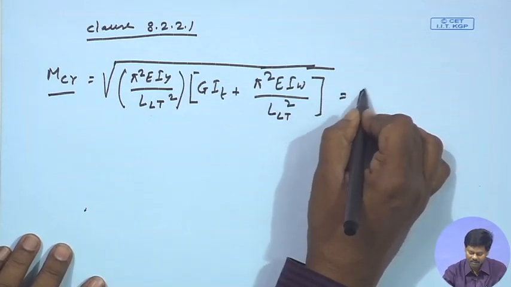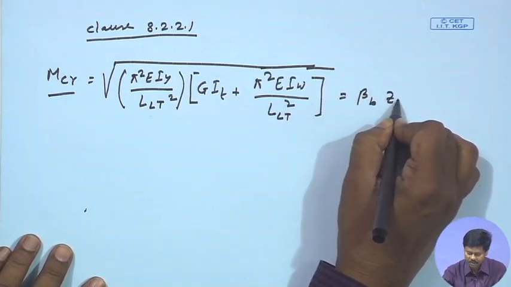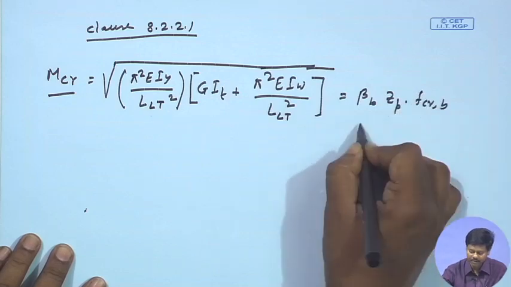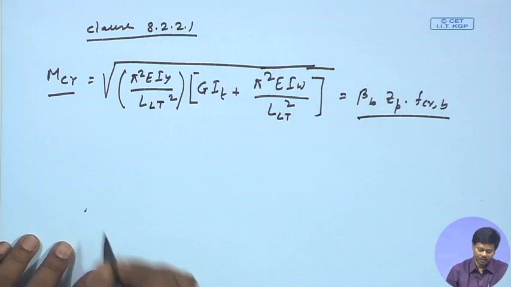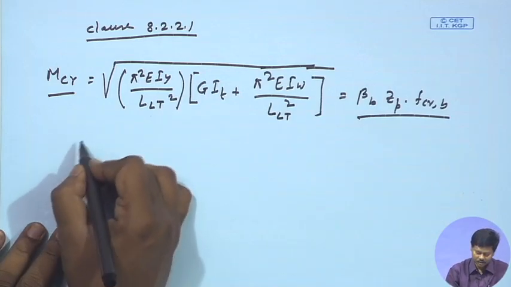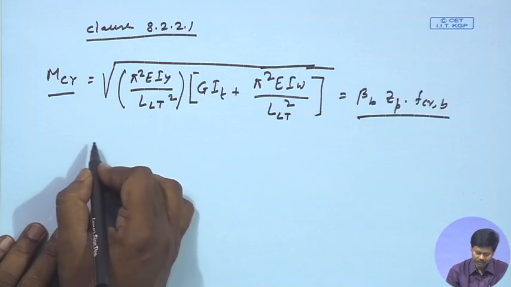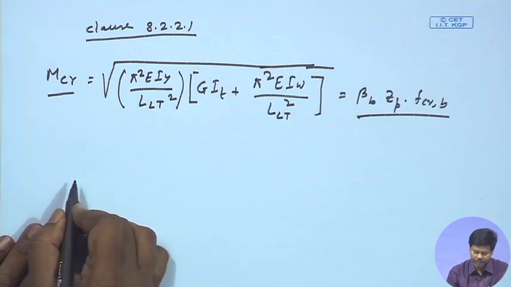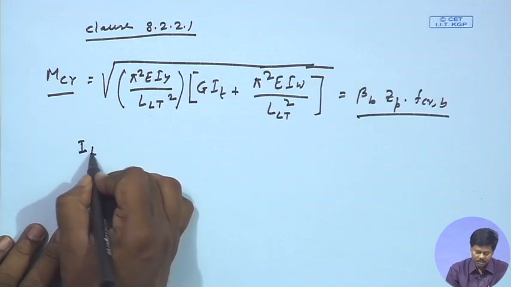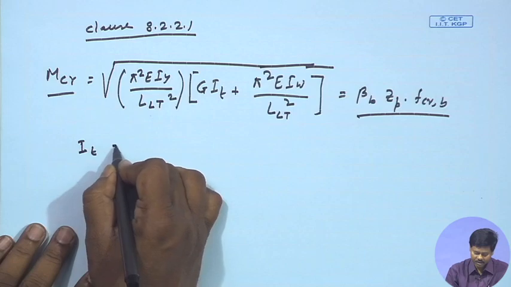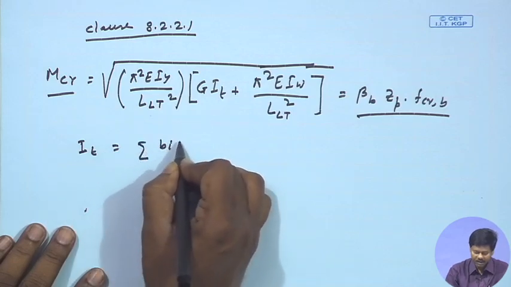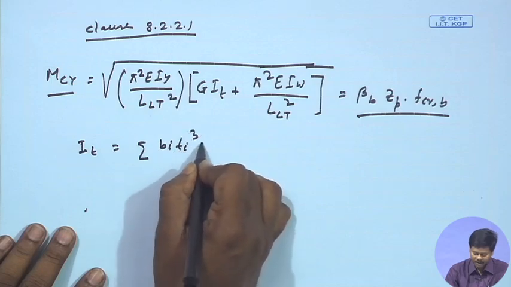This can be written as beta B ZP into FCRB, right, where the different variables are given, which we can find out from clause 8.2.2.1. The parameters like I T is the torsional constant. So, I T for an open section will be summation of b t cube by 3.